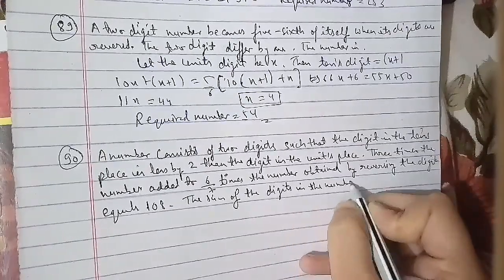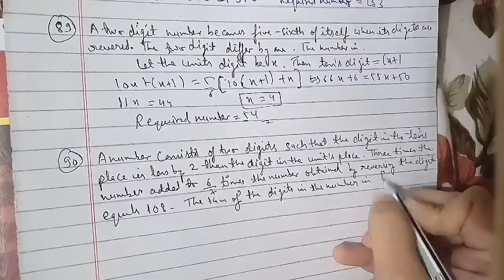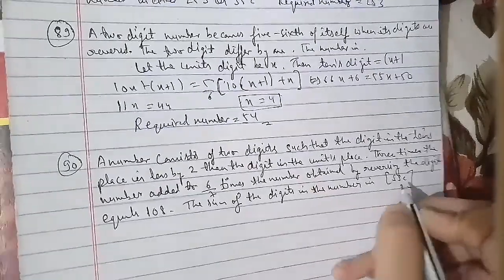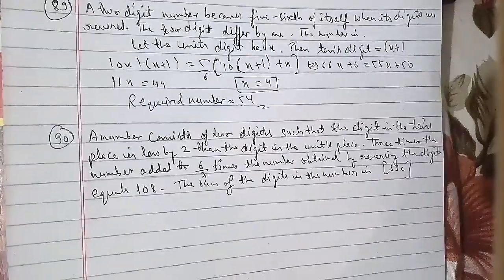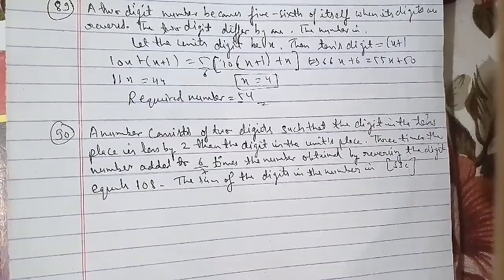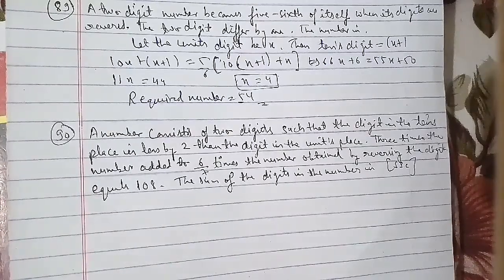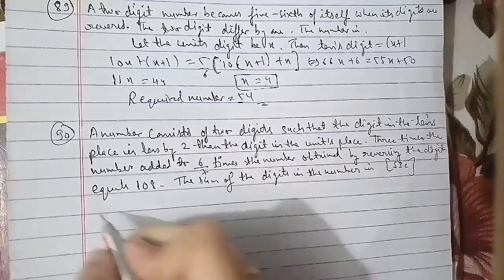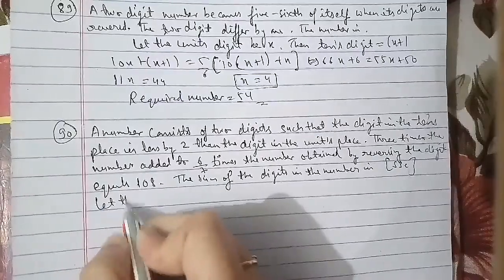Let the units digit be x, then the tens digit equals x minus 2.